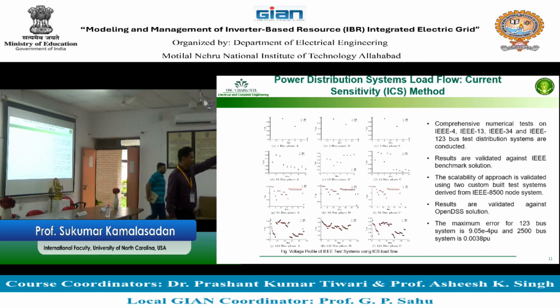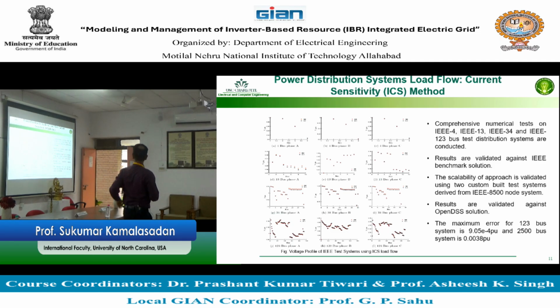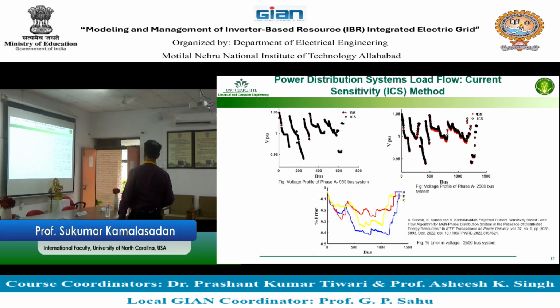People nicely call them buses too, but for 13, 34, 123, instead of bus, you generally say node. Okay. So nodes associated with the system. So why do we need 8500 and go forward? Because of scalability. We have to test the scale. Okay. Now the results have to be benchmarked, and these are some of the things for benchmarking.